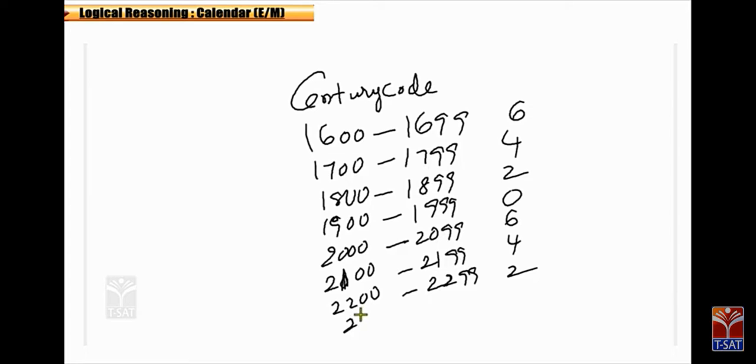And 2300 to 2399 is 0. These are the century codes.